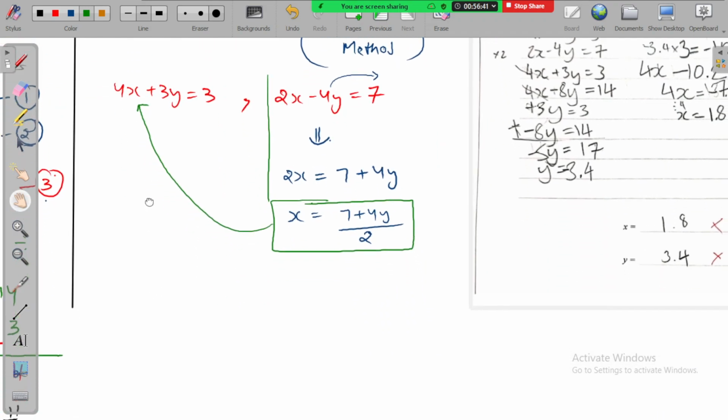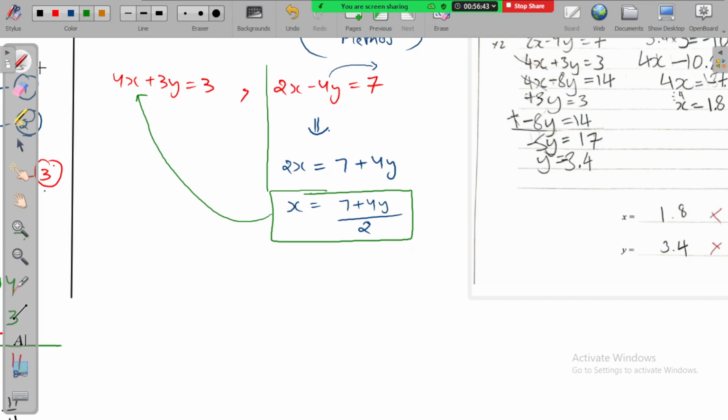Now we will substitute the x value in it. So what will the equation become? 4 times 7 plus 4y over 2, plus 3y, is equal to 3. Can I cancel out something? The 2 will cut out the 4.